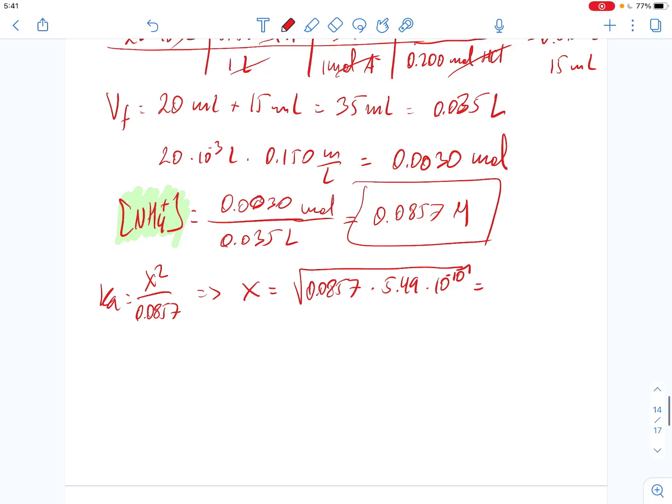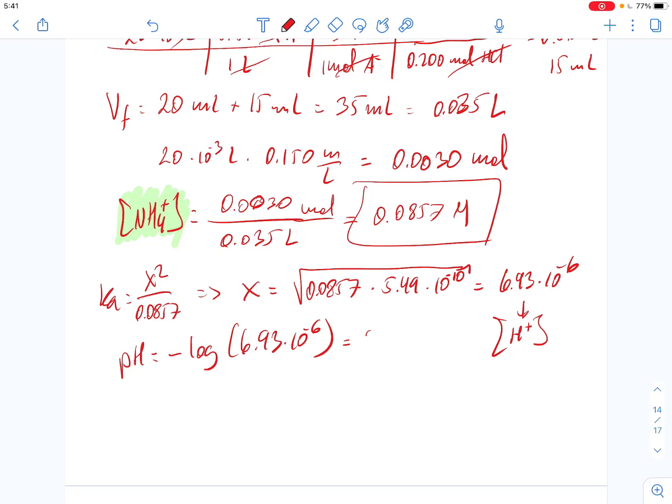And this is equal to 6.93 × 10^-6. Now this is the concentration of H+. Therefore your pH is equal to minus log of 6.93 × 10^-6, which is 5.16.